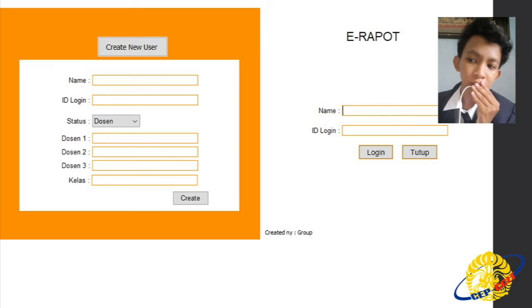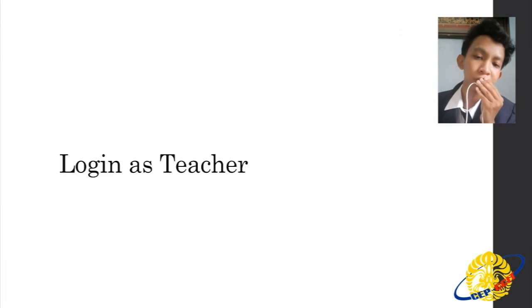Among them is the login database, and docent if your status is docent, and mahasiswa if your status is mahasiswa. After you sign up a new account, you can fill the login field in the welcome GUI.